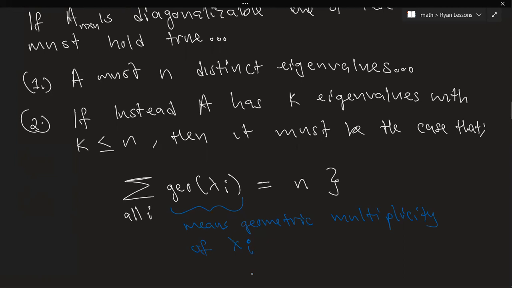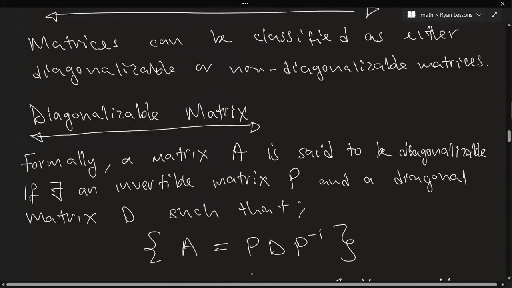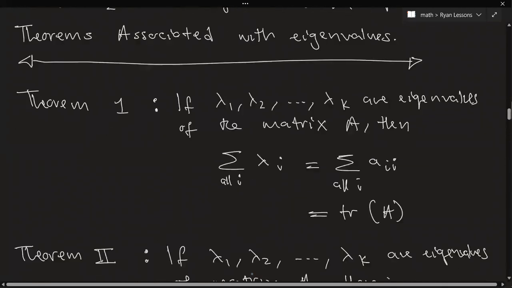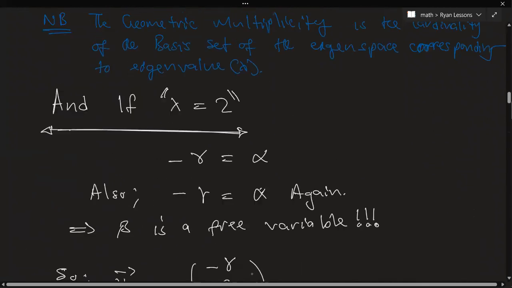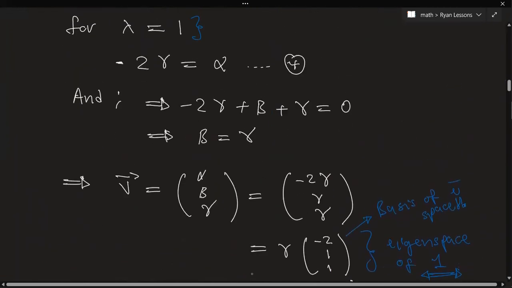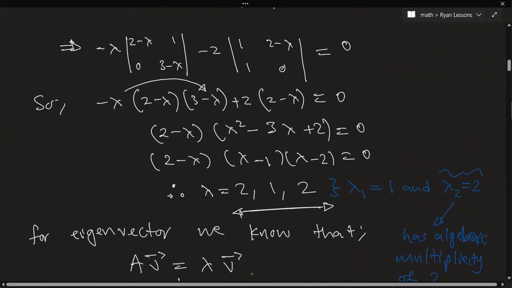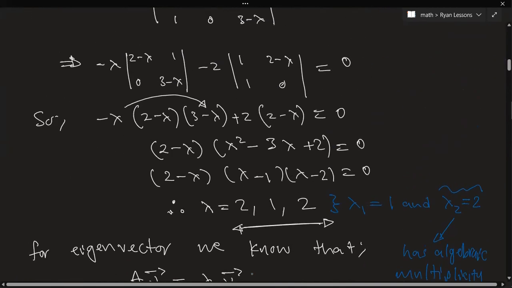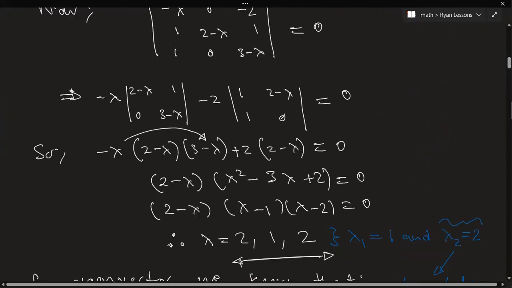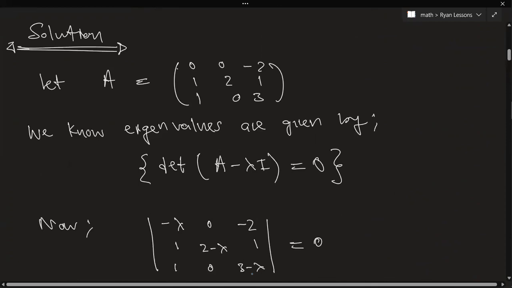Is that clear? Let's go back to the top example, the one that we used in the previous case. Do you see that this system gave us two eigenvalues? And it was a 3 by 3. Suppose you were asked to check if this is diagonalizable or not.